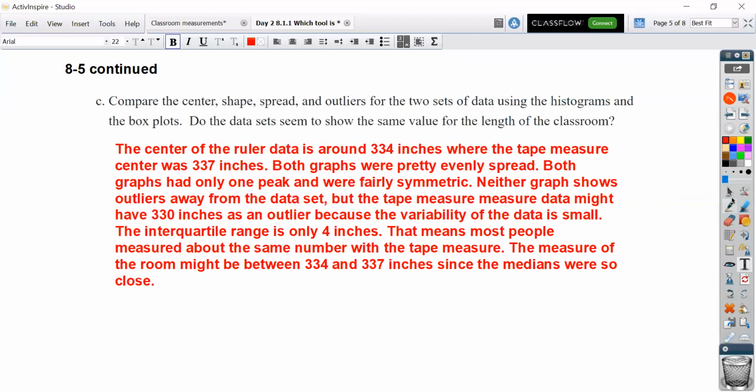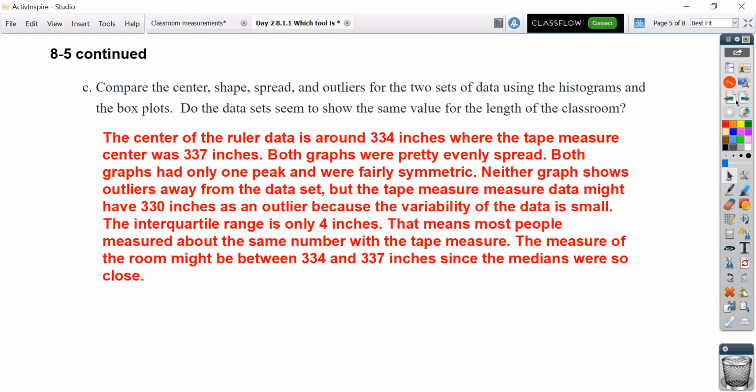Okay, so that's how these graphs help us make an analysis of the data. I know it's a lot, so pause and rewind and read it and listen to what I'm saying and see if you can figure out how this works. Okay, moving on here.